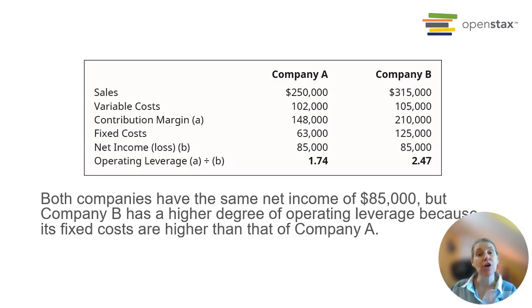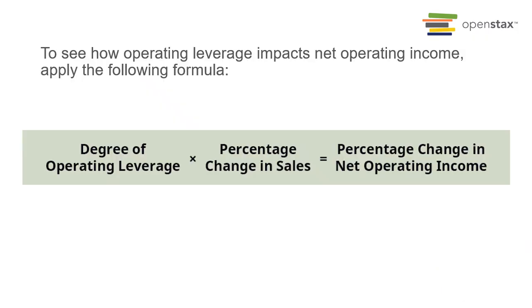But if things go poorly and the industry starts to fade a little bit, it's having a downturn, company B is going to be more sensitive to that downturn as well, and they'll see bigger losses. A will have much smaller bumps. The gains won't be as great in good times, and the losses won't be as severe in bad times.